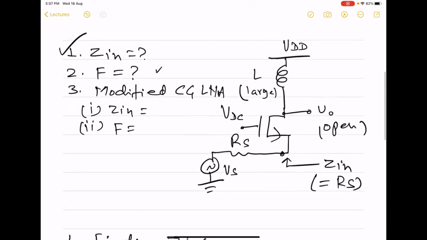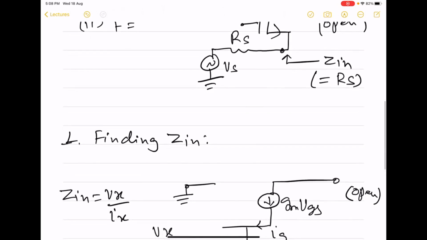So what is done is that we include the non-ideality, the lossy part of this inductor, and we say that because of the finite conductivity of the inductor, there will be a resistance R1 effectively in parallel. Very often this R1 is also shown in series with the inductor, but here we are going to show it in parallel.